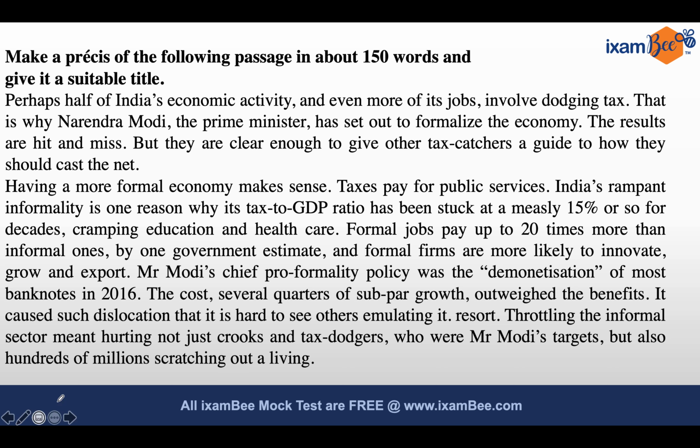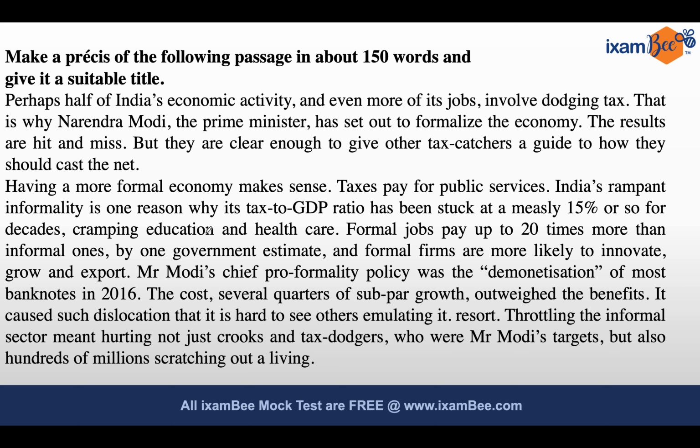Okay, now this part of the passage mainly talks about demonetization, right? Why it was launched, why it was introduced, why this policy was introduced in the market, and what its effect was on common people. Now, there are three things that you need to include here.